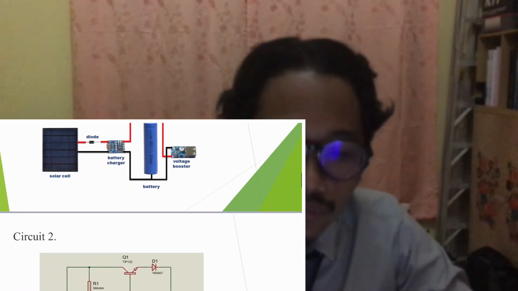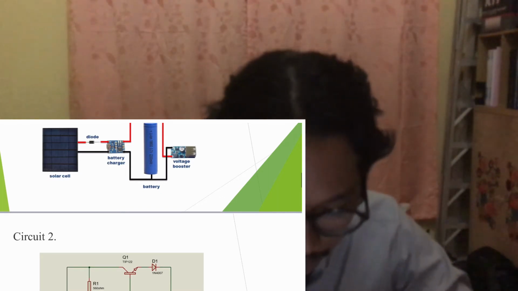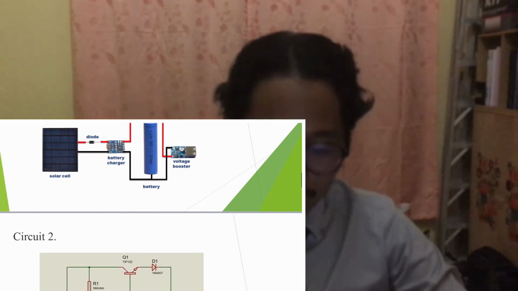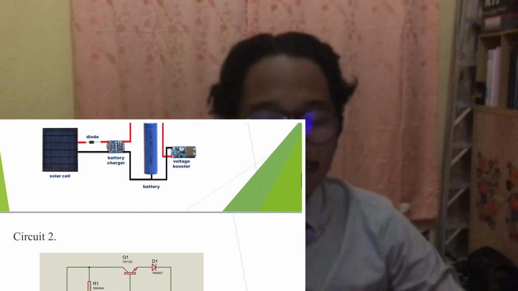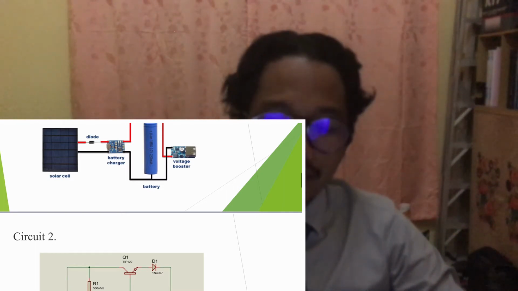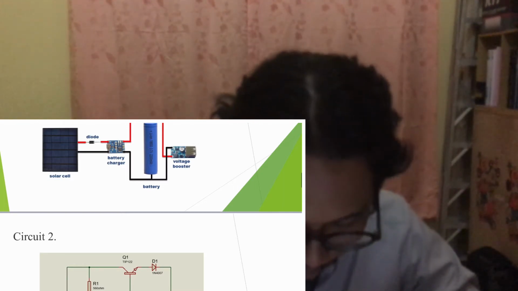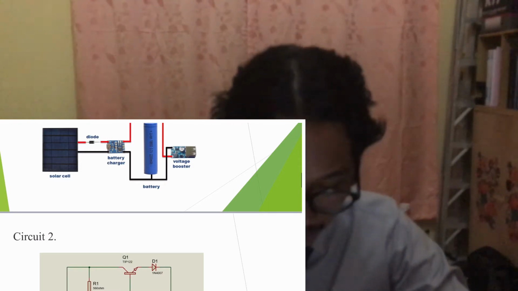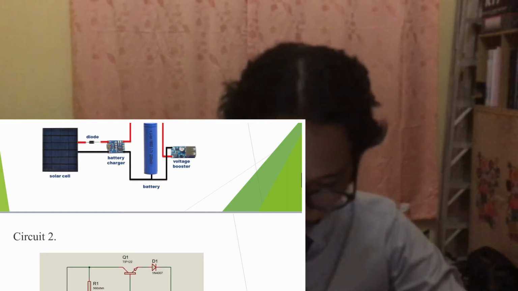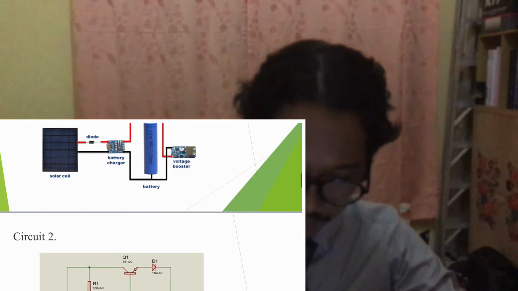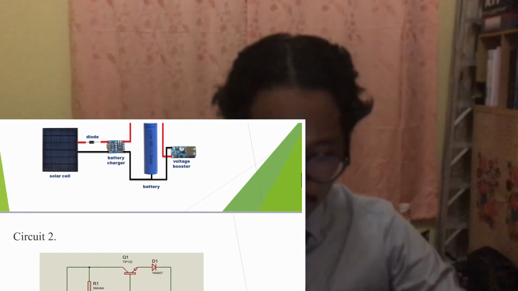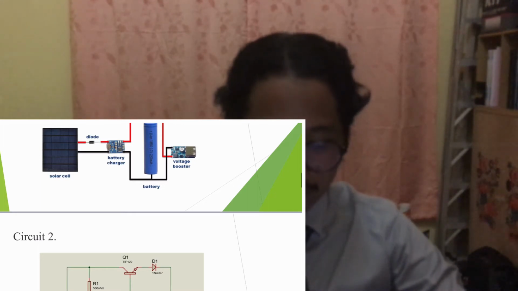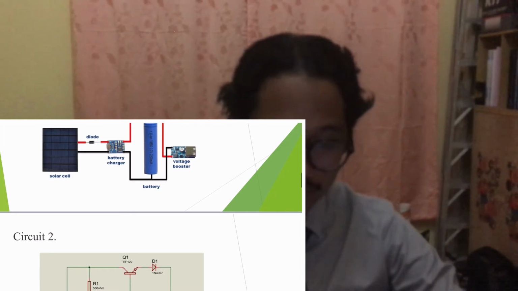For circuit 2, 3.6 volts is the rating of the battery for a smartphone. Low current charging is better to increase the efficiency of the battery.